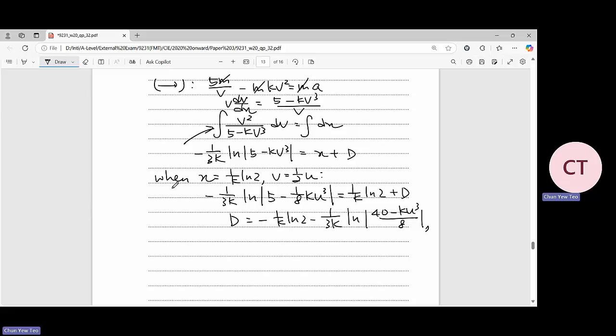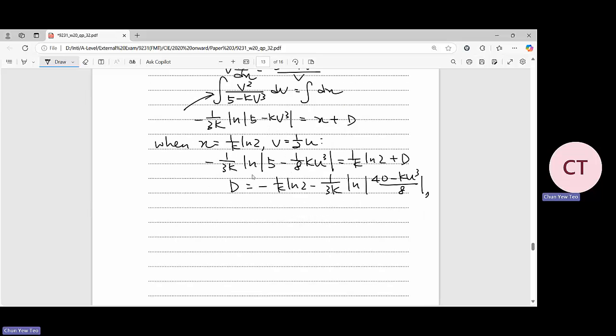And you replace the d inside here. Things will be a little bit troublesome already, so have to be careful. So you get negative 1 over 3k ln modulus of 5 minus kv cubed is equal to x minus 1 over k ln 2 minus 1 over 3k ln 40 minus ku cubed divided by 8.